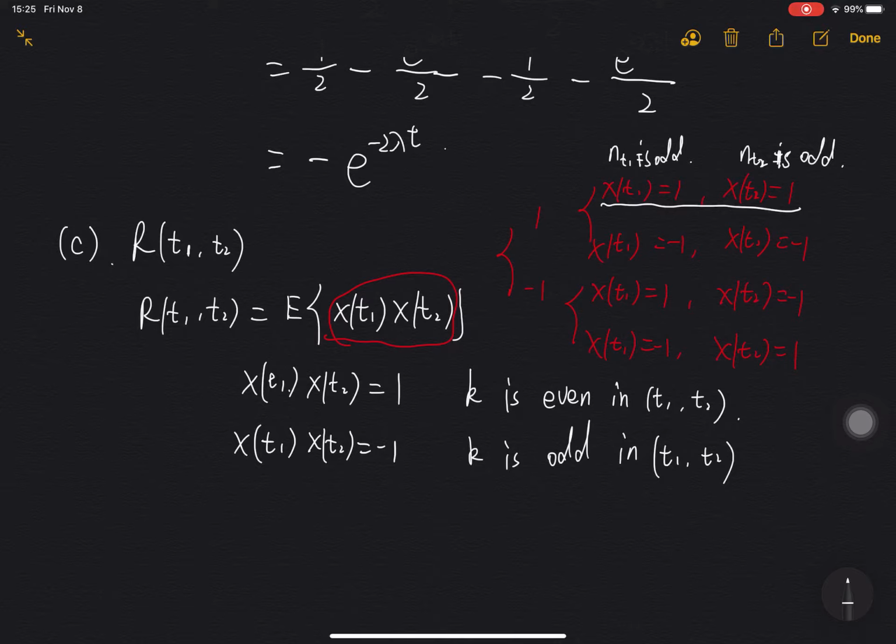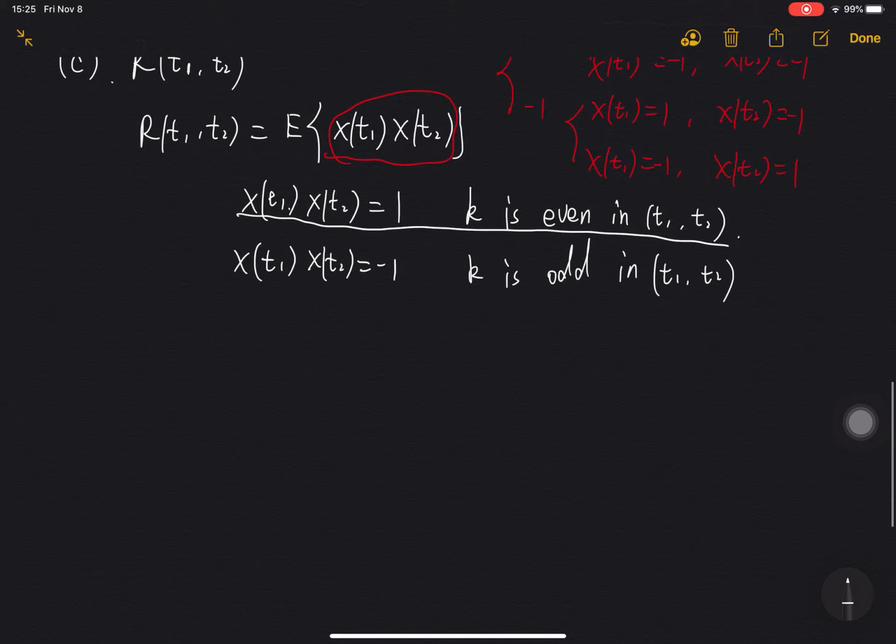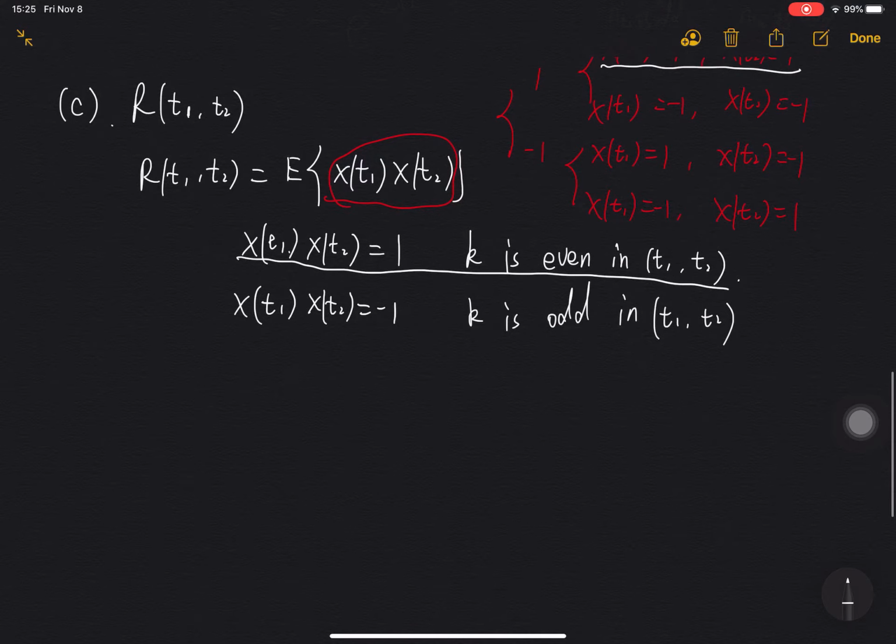For an odd value minus another odd value, the result should be even. So in the X(t1) times X(t2) equals 1 situation, k should be even, and for the minus 1 situation, k should be odd.